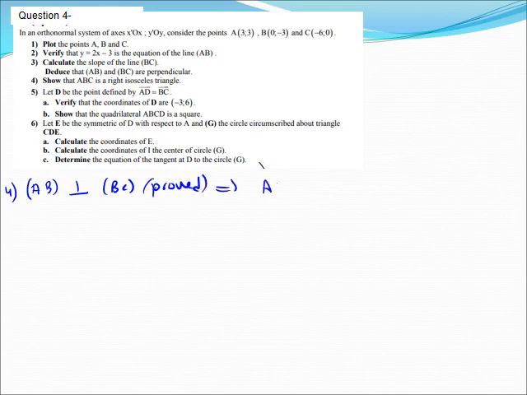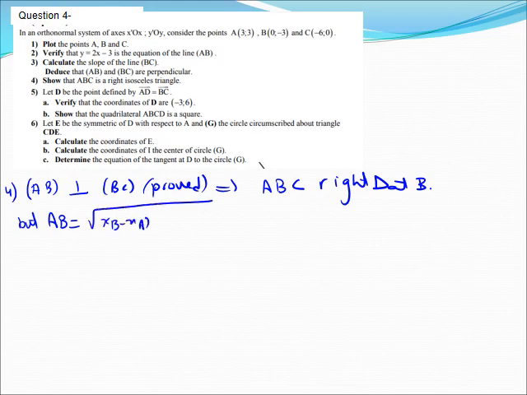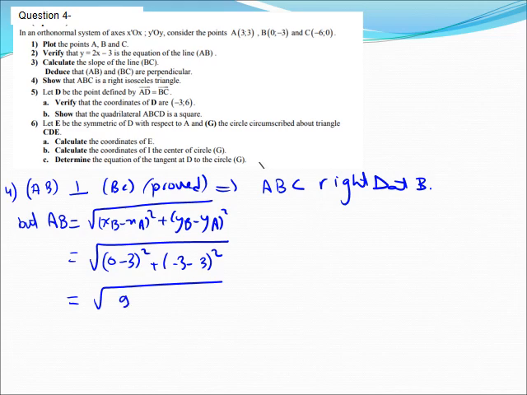So ABC is a right triangle at B. But AB equal the square root of (xB minus xA) squared plus (yB minus yA) squared, equal (0 minus 3) squared, 9, plus (minus 3 minus 3) squared, minus 6 squared, 36. 9 plus 36 is equal to radical 45, which is 3 radical 5.